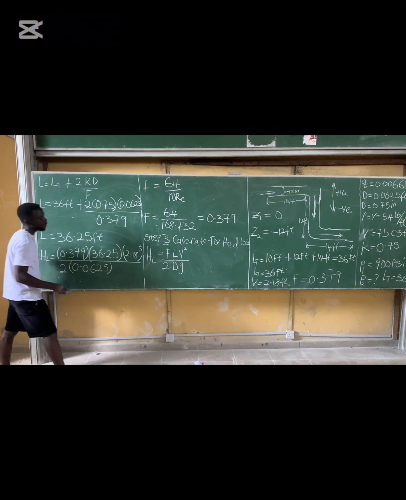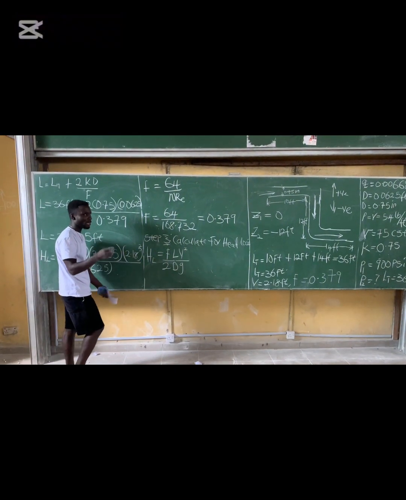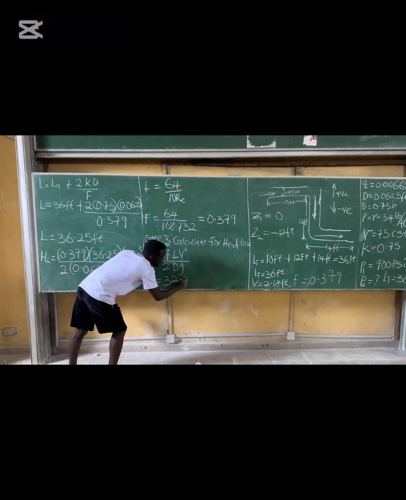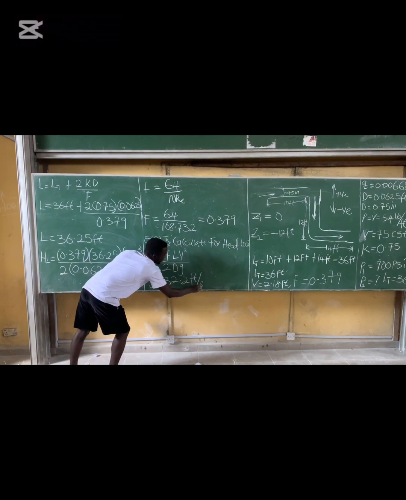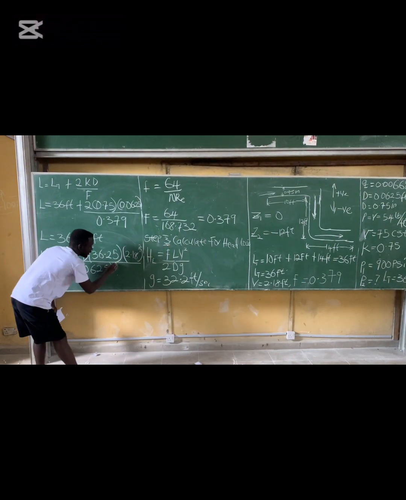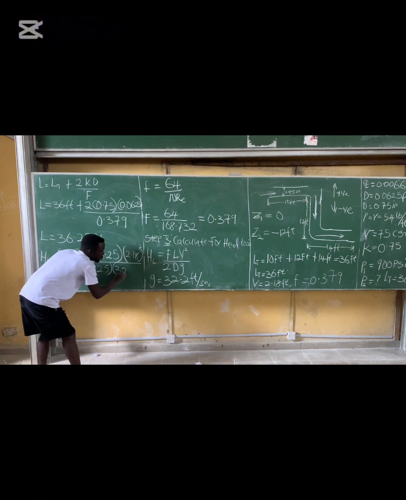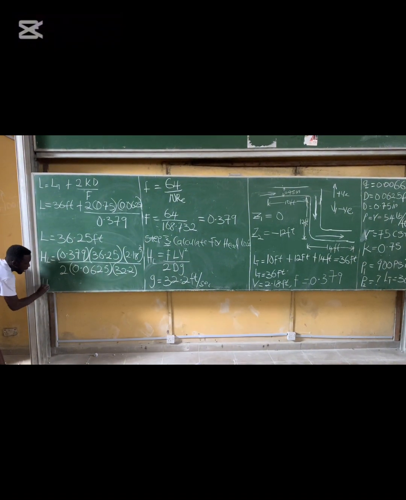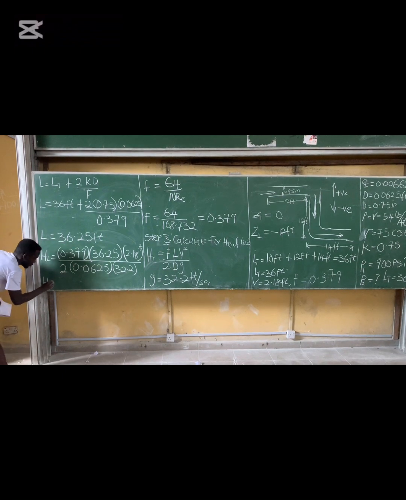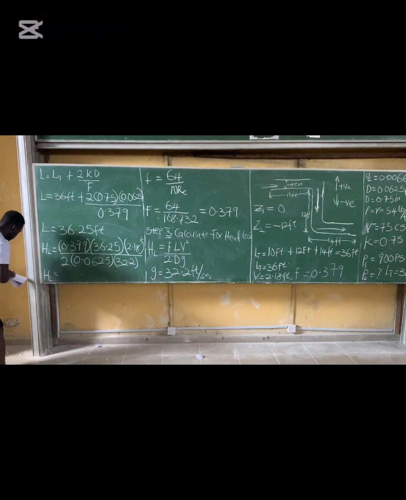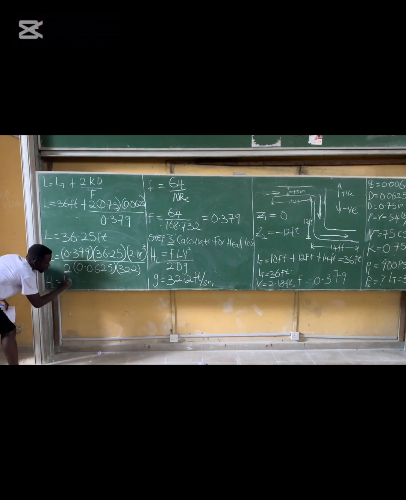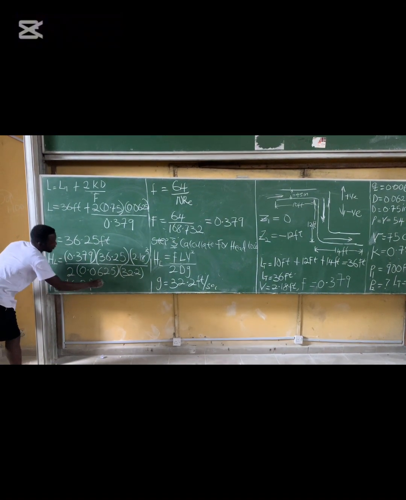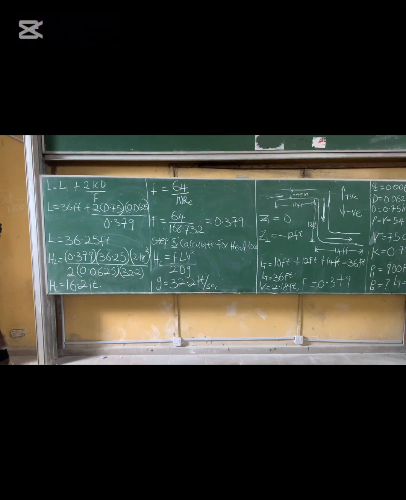Then our G is always the first hand, and G is equal to 32.2 feet per second squared. So our head loss after calculating will be equal to 16.2 feet.